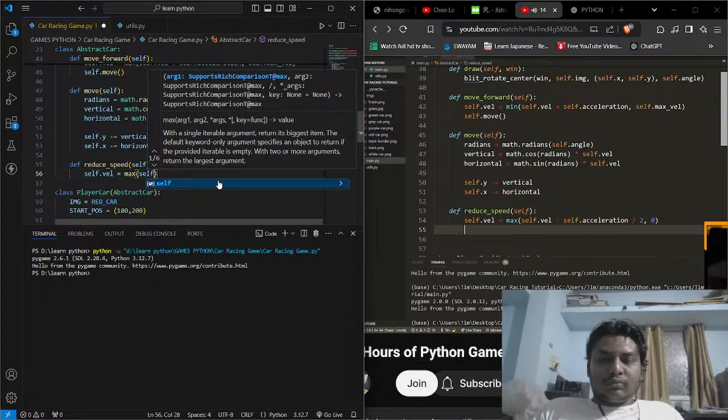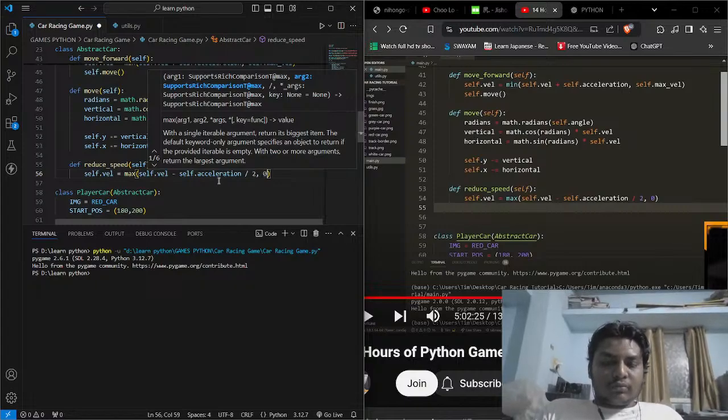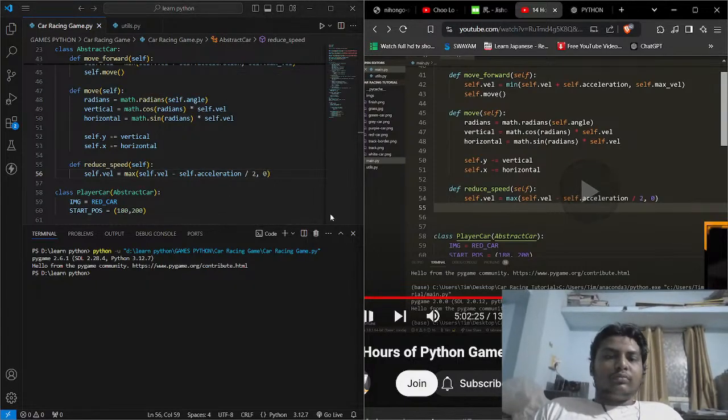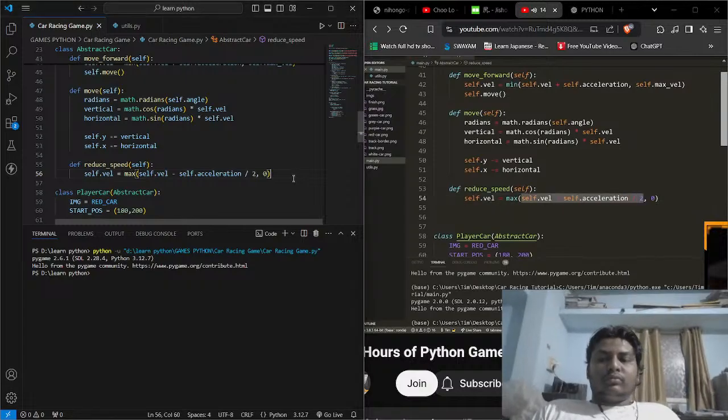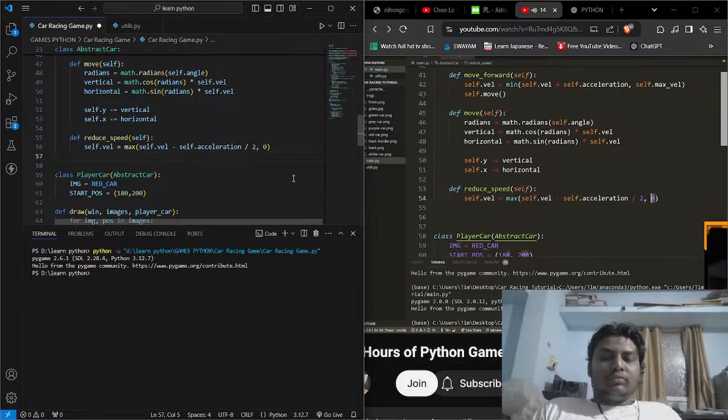Now the reason we have this is because if this value for some reason is negative, we don't want to be moving backwards, we just want to stop, and so that's why we have the 0 right here.